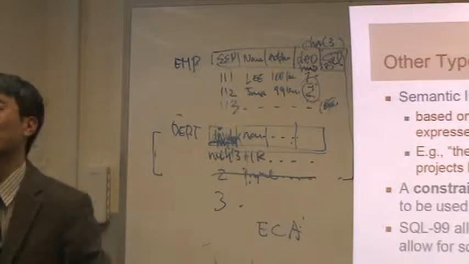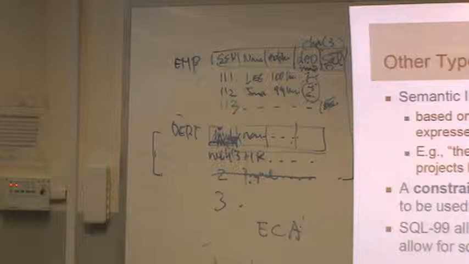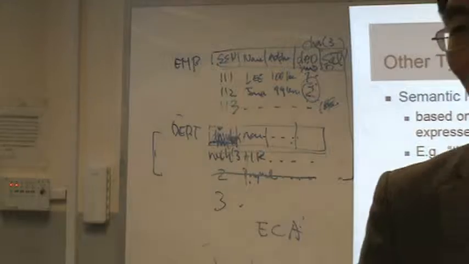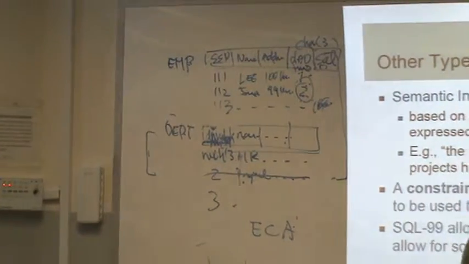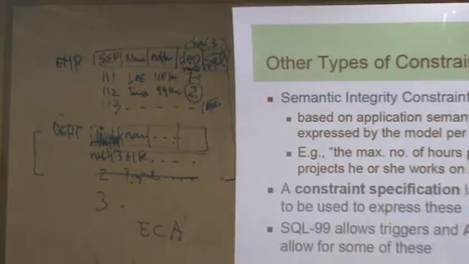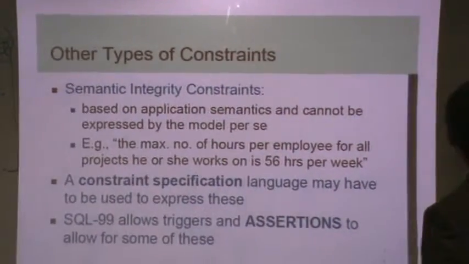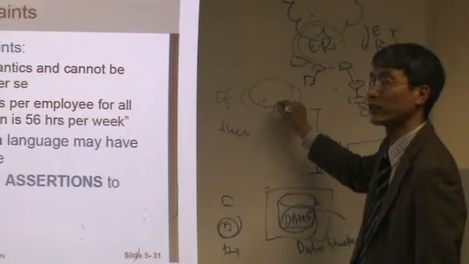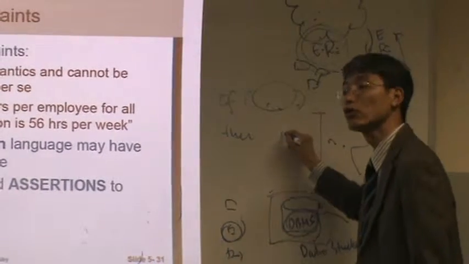Has anyone heard about the ECA rule? Event, condition, and action. So this is called the ECA rule. ECA is used a lot in computing, like if-then-else, for example. If something, then condition and do something.